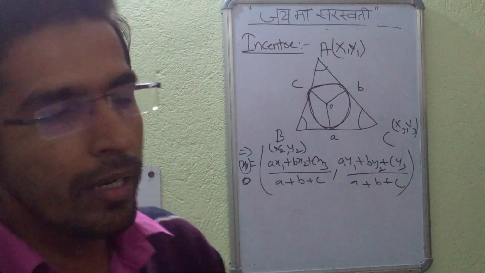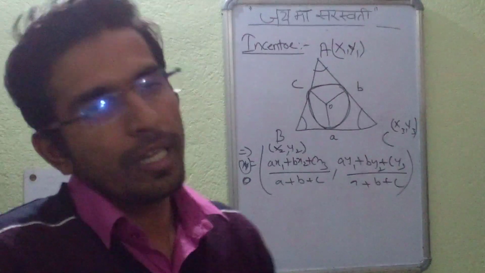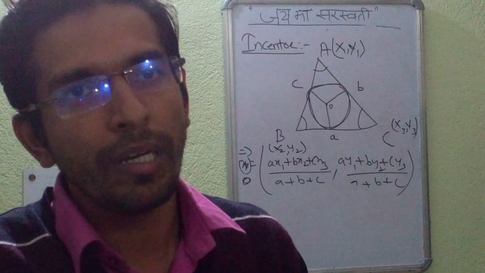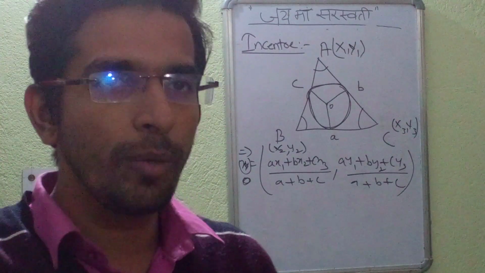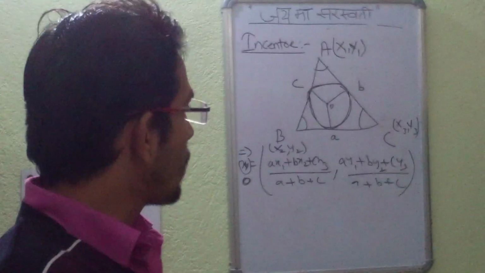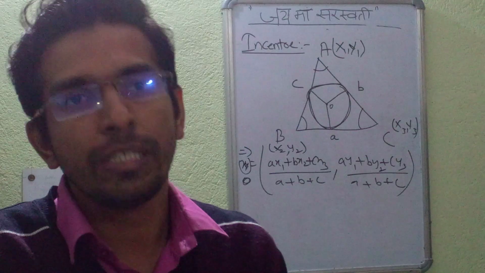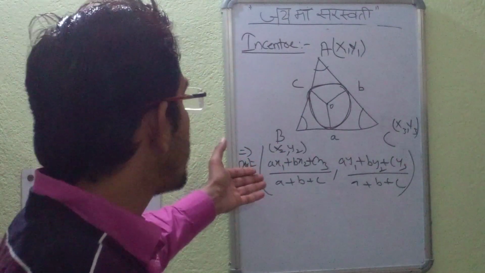Suppose in the question it is given that the three sides are given, that is a is x1 by 1, b is x2 by 2 and c is x3 by 3. So in that case you have to calculate the coordinates of the incentre, which I had already depicted here.